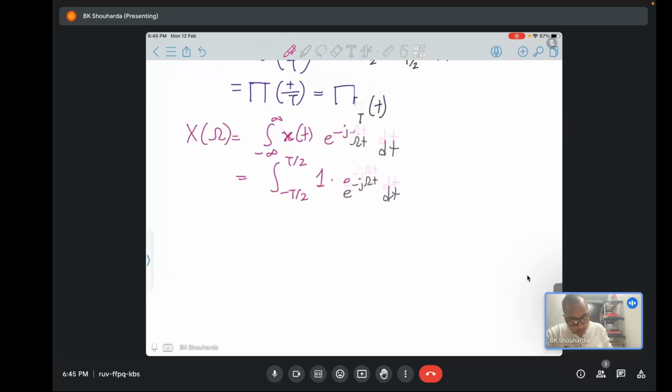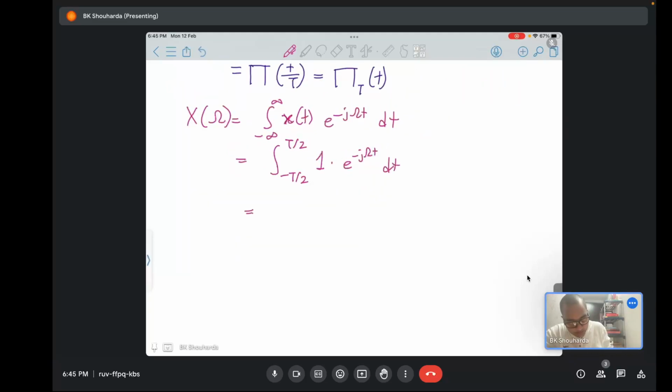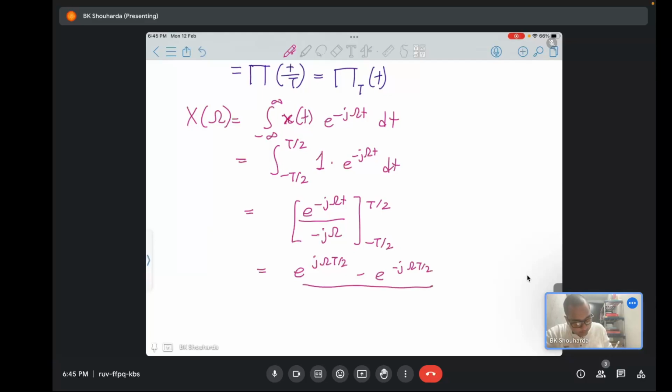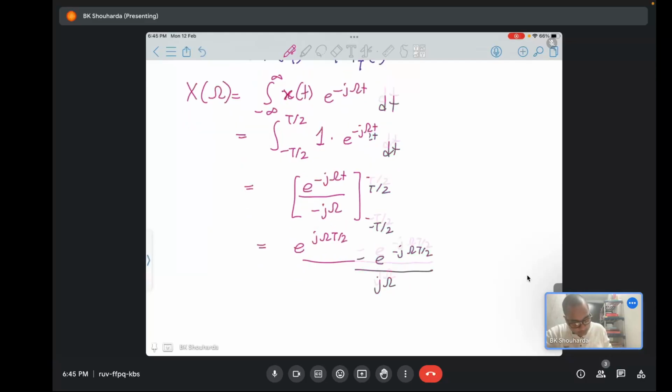Now we integrate this exponential with respect to t, so in the denominator we have minus j omega. The limits range from minus T upon 2 to T upon 2. We substitute these values and we get e to the power j omega T by 2 minus e to the power minus j omega T by 2, divided by j omega.